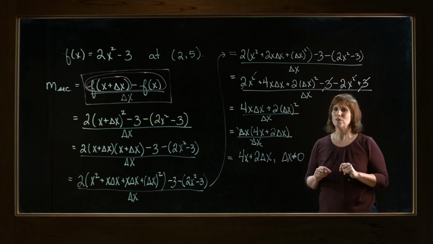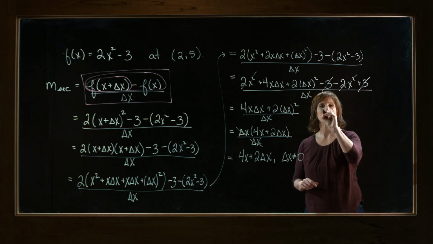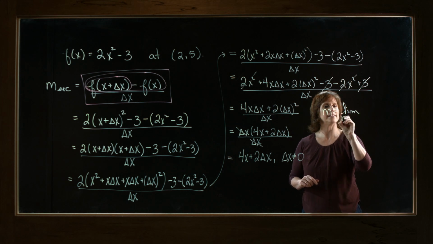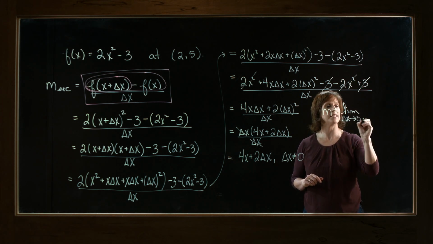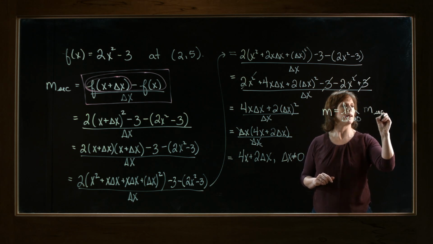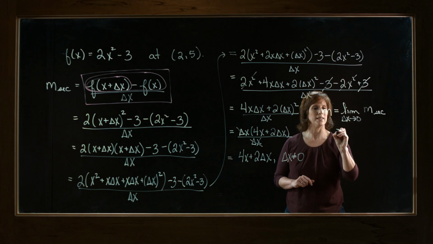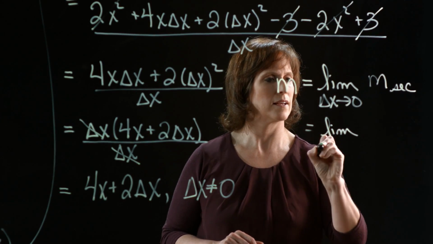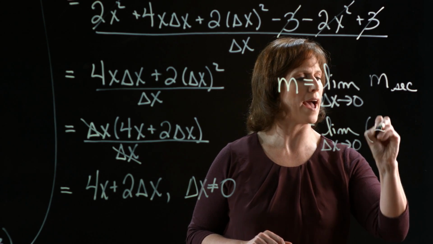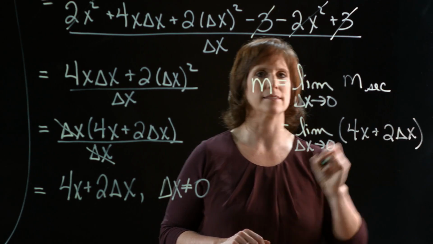I want to know what the slope of the graph of the function is. And to find that, I need to take the limit as delta x approaches 0 of my slope of my secant line, which in this case is 4x plus 2 delta x.